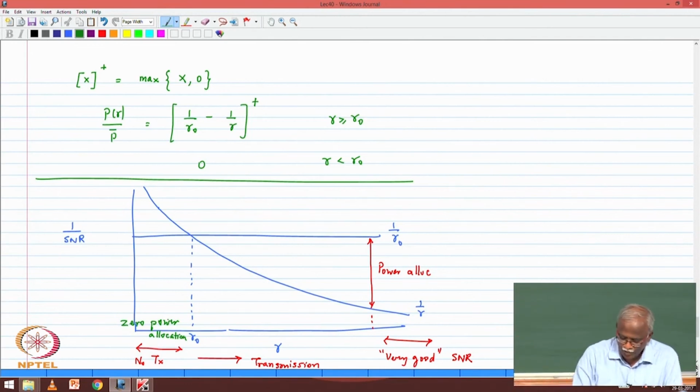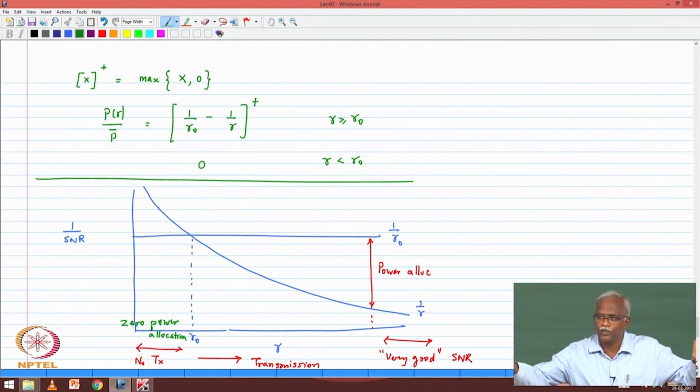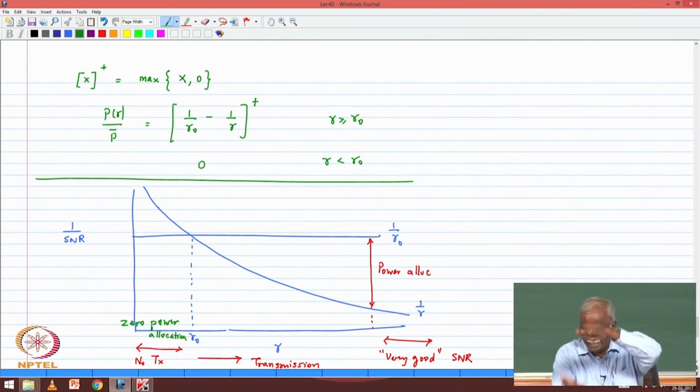Now very often if you want to visualize this, it looks like a bowl or a basin where you are filling water, and this power allocation is interpreted in terms of water filling, because inside the bowl when you fill water, the depth of water tells you how much power you are going to allocate for that SNR. So this is where the name water filling comes from.